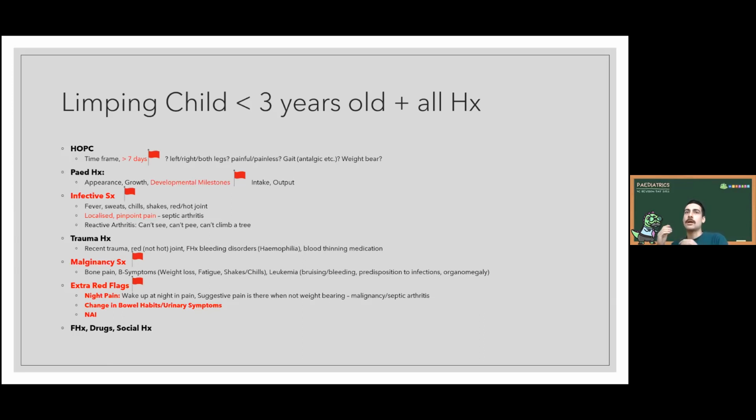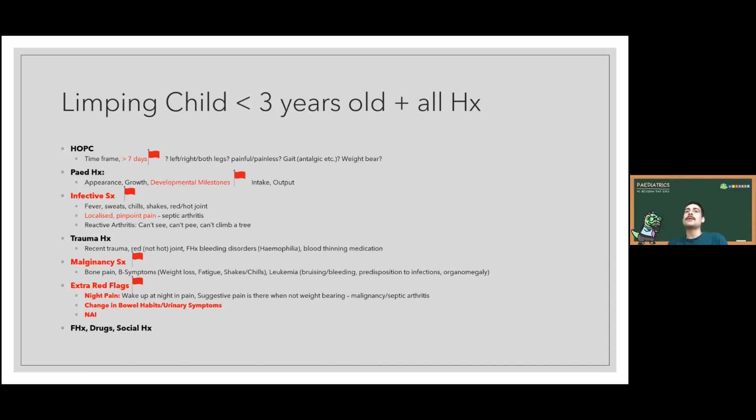Then you cover your infectious symptoms: fever, sweats, chills, shakes, red hot joint. And for reactive arthritis, you can think of can't see, can't pee, can't climb a tree type of questions. Trauma: if they've got a bleeding disorder, family history of bleeding disorders, blood thinning medication.